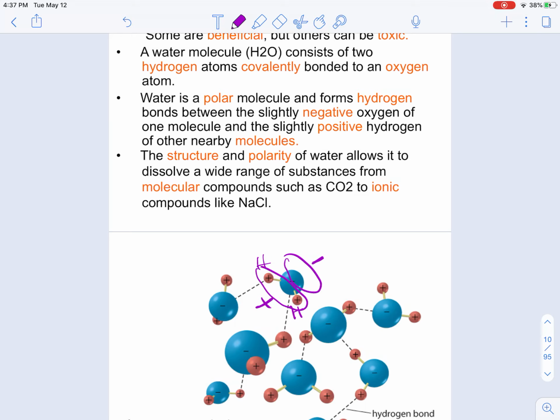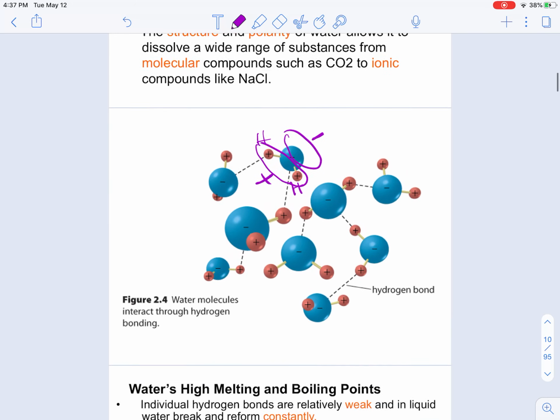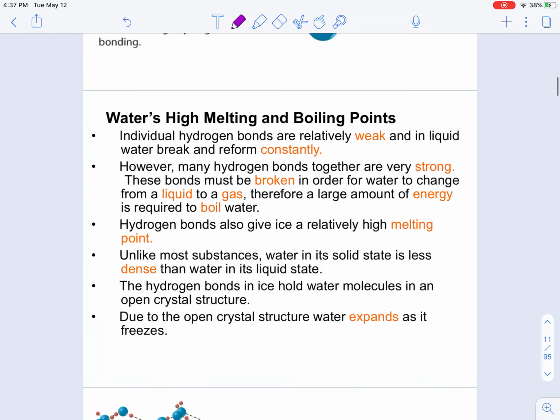But because it's polar, that means it'll mix very easily with anything molecular, as well as ionic compounds that will break into a positive and negative ion. It's going to have a way to attach to and stick to many different things and dissolve them.